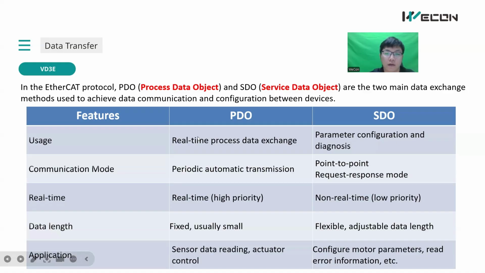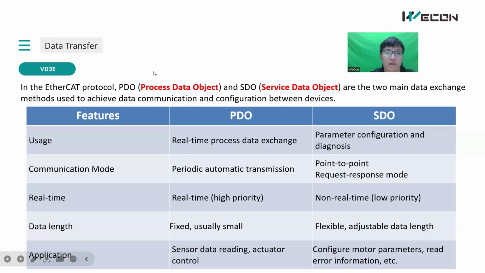You can understand it like this: if we configure some parameter by PDO, then this parameter will be refreshed or updated in every cycle. You know, EtherCAT is running cyclically.